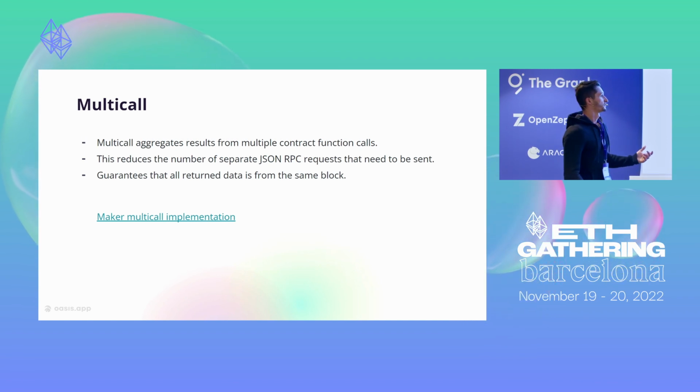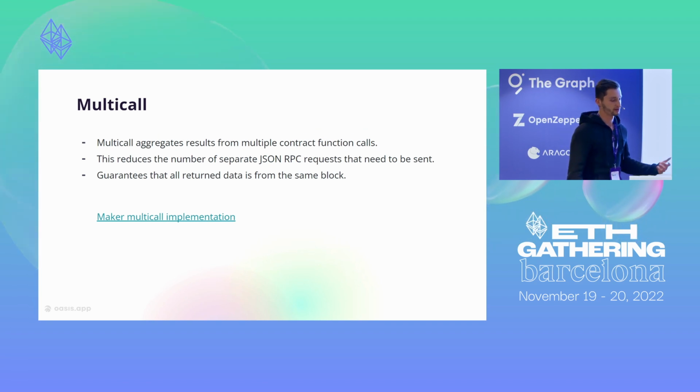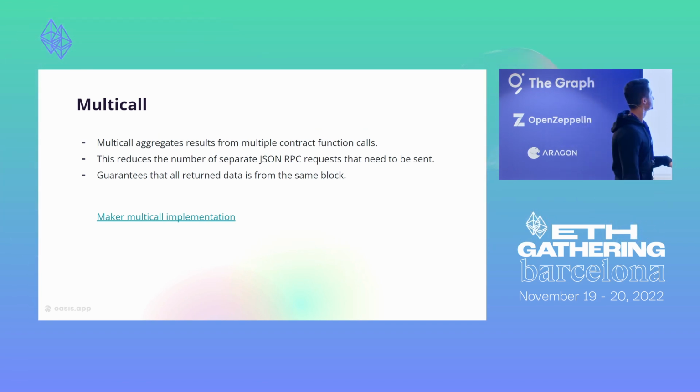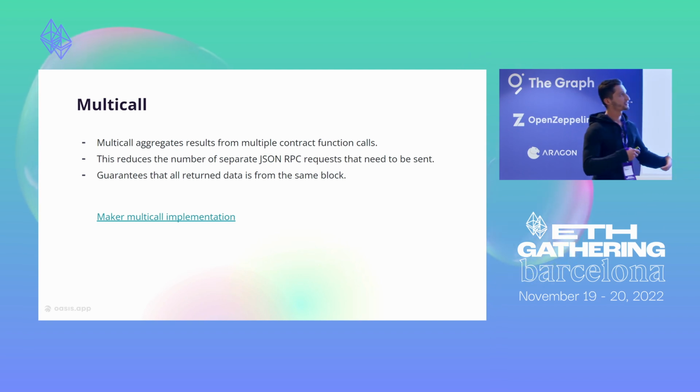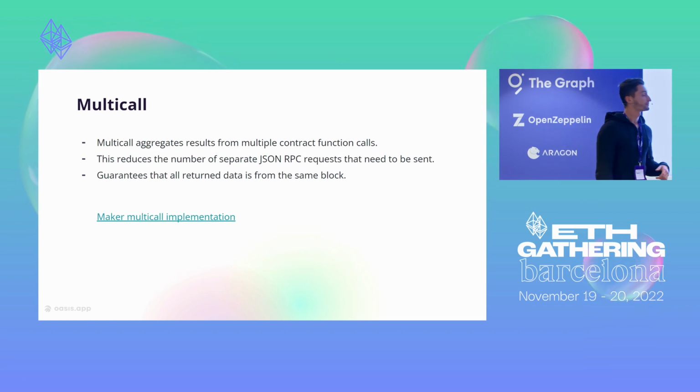Thus, Infura or Alchemy will count it as just one, not 100. Furthermore, all the responses come from one block. So if it's important to you, the multicall also assures that all the data comes from within one block.